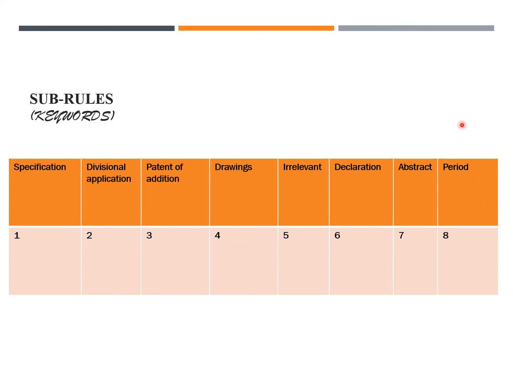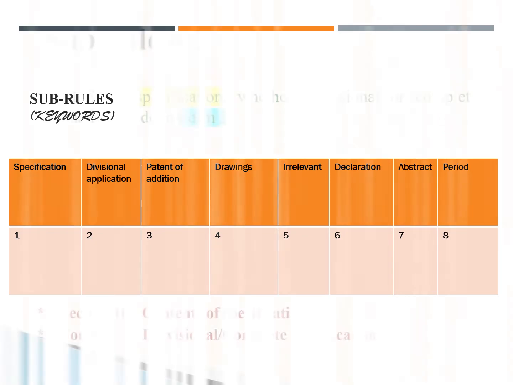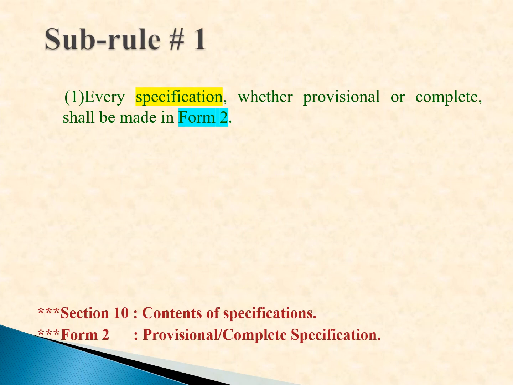Again I am telling that these keywords I have taken from the sub rules as per my intellect, and as I thought that by picking these keywords it will be easier for us to understand, I have picked these. If you can try, it is very well and good. So you can remember in your own way. Okay friends, let us proceed to sub rule 1 in detail.